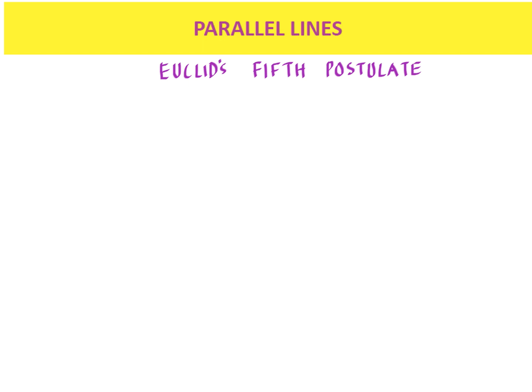Here is what Euclid says in his fifth postulate, and I'm translating it for ourselves in a simpler language. If you have two lines, let's call them L1 and L2, and they're cut across by another line, this line that cuts across is called a transversal.